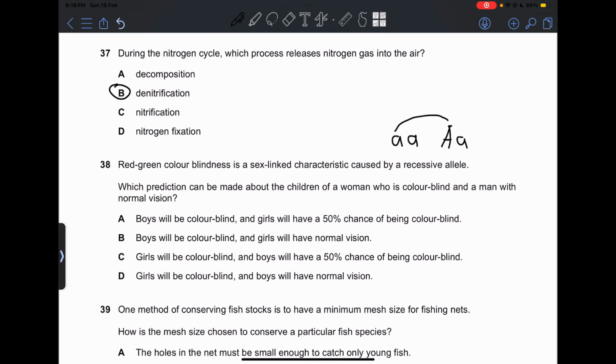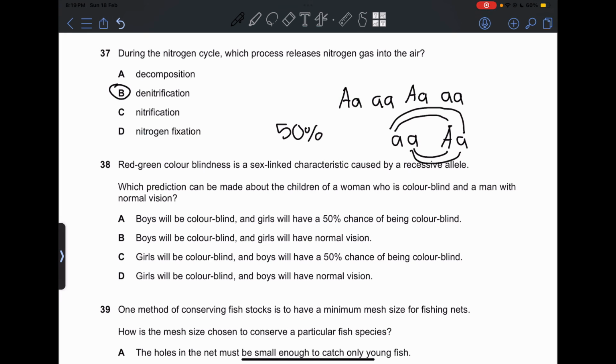So the first child will be also a carrier, so like that, heterozygous, and then the other child will be recessive like the mother, and the third child may be also carrier, and the last child will be recessive. So we have a 50% chance of being colorblind and another 50% chance of being a carrier or having normal vision.